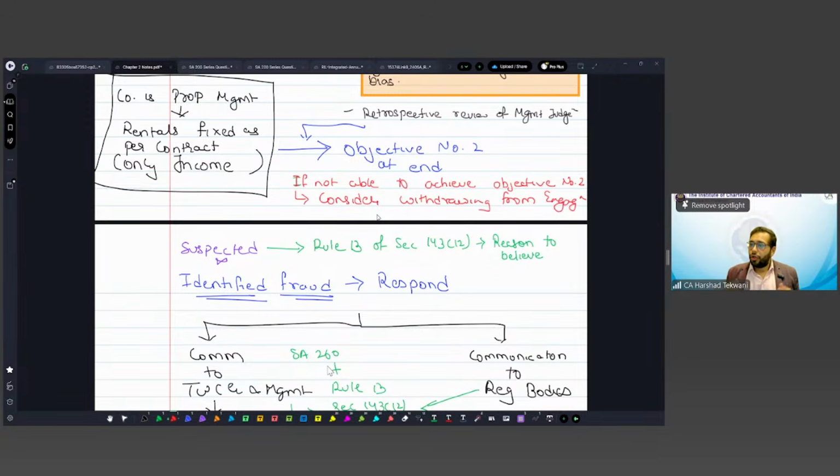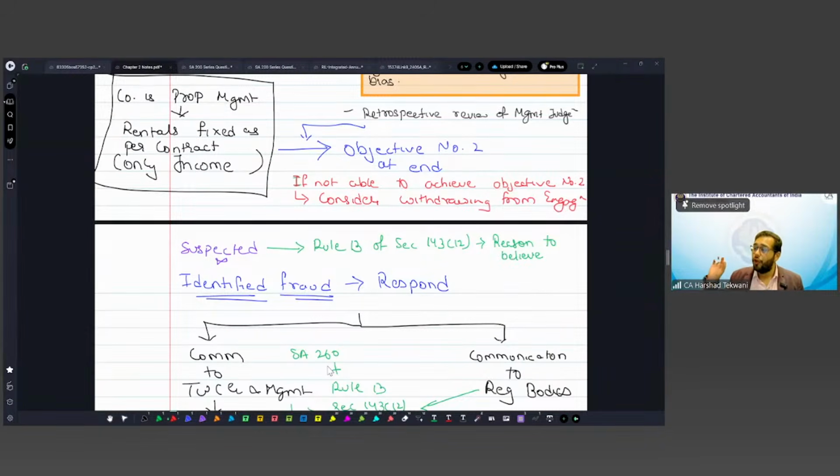Do you know a scenario where you cannot withdraw from the engagement legally? Yes, sir. When it is a listed entity, we cannot withdraw immediately, sir. Yes. So there is a circular, there are rules issued by SEBI for the listed entity with respect to when the auditor can withdraw or when the auditor cannot withdraw. We will discuss that.